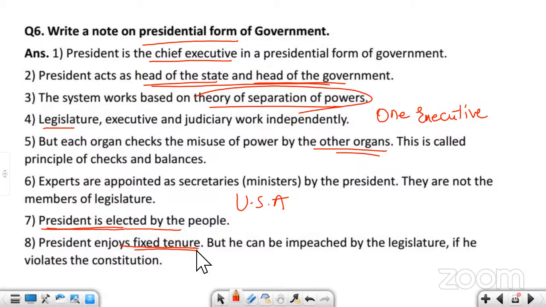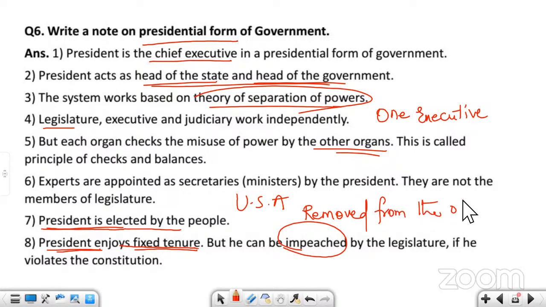In the parliamentary system, the prime minister's tenure is not fixed. Whereas in the presidential system, the term of office of the president is fixed. He can be impeached. What do you mean by impeached? Removed from the office. He can be removed from the office.